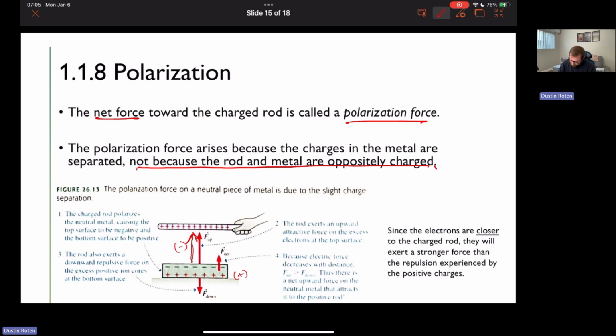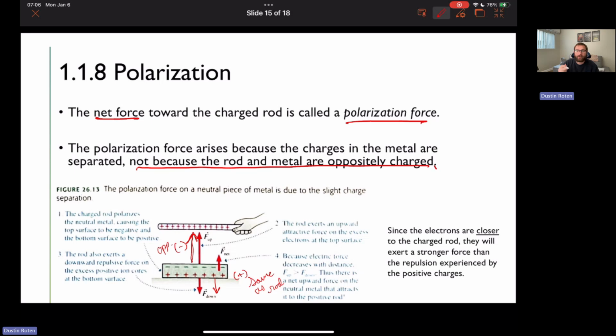So they want to get away. These are the same as the rod. These are opposite. So you have this force vector from the electrons trying to bring them together. You also have a force vector from the protons trying to push them away.